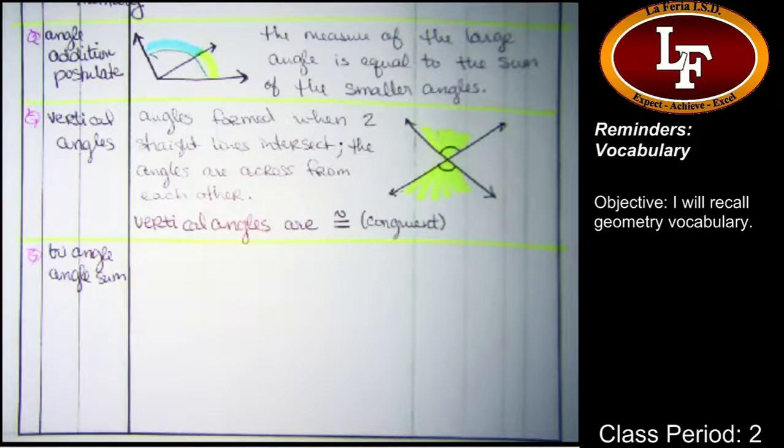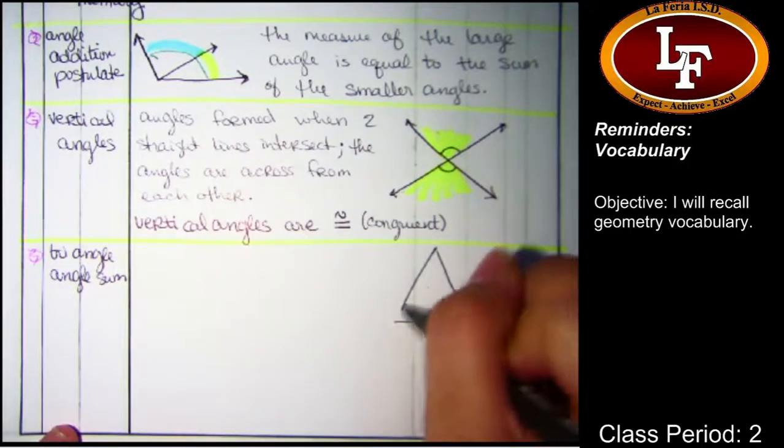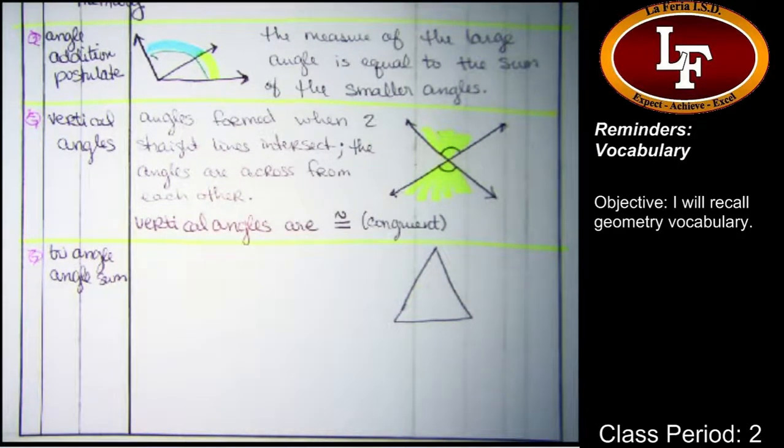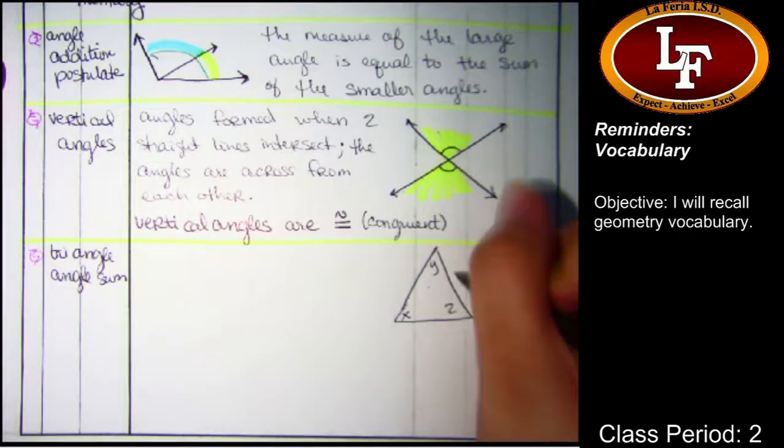You make a figure. What kind of figure? A circle? It's a triangle, you're right. So you're going to have a triangle. All right, and what can you do with the triangle? You add up all these angles in here. And when you add up all those angles, what are you going to get?